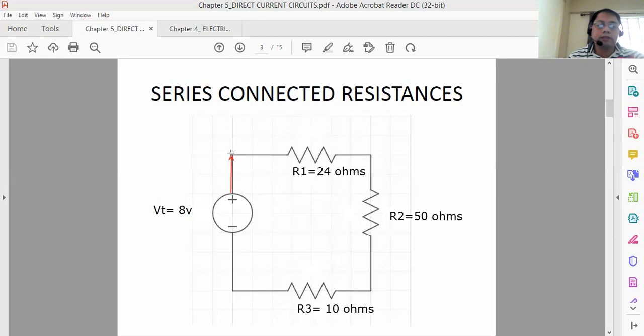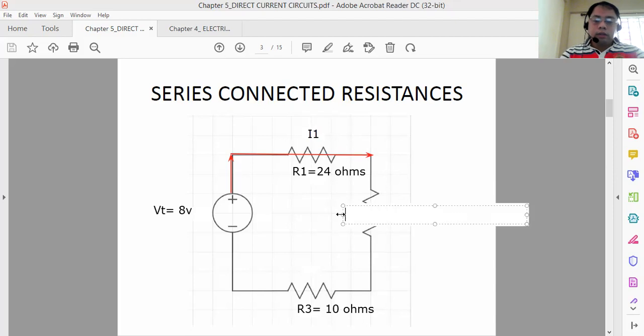It starts from the positive and goes to the rest of the circuit. One current will pass through resistance 1 and we will call it our current I1. I sub 1 again is the current that passes through resistance 1. Another current will pass through resistance 2, so here it will have another, I sub 2.